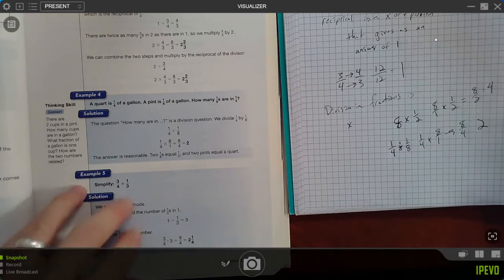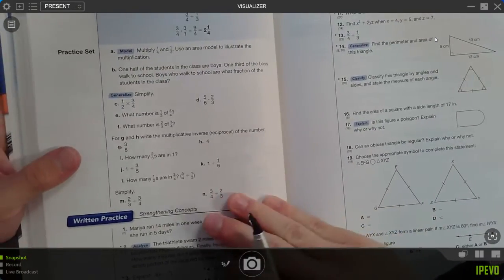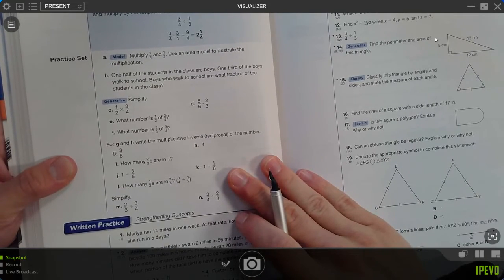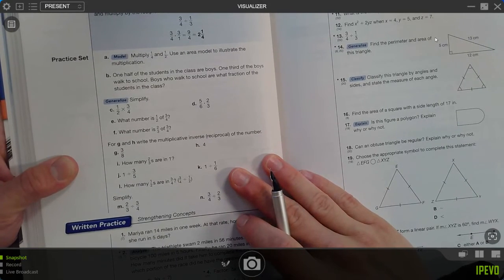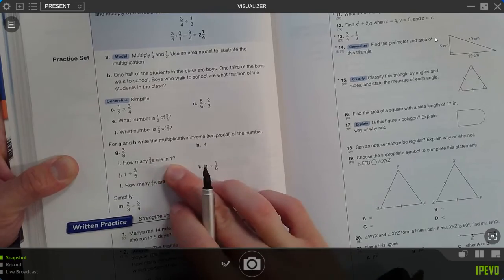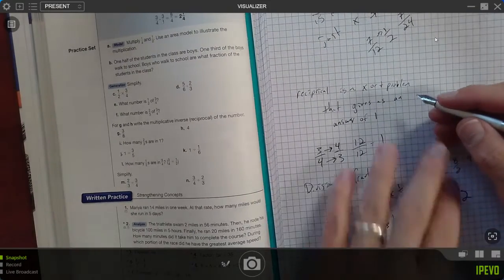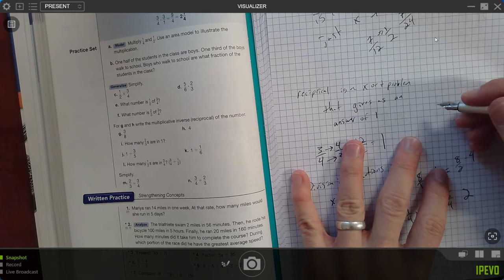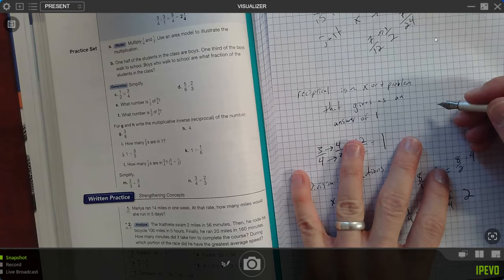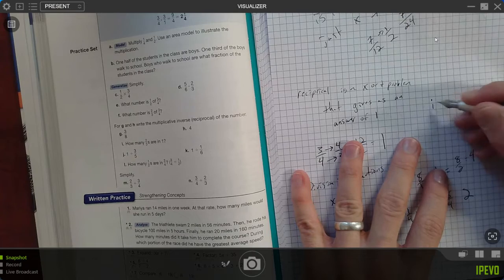Let's do one of your problem set problems for you. Let's do how many 2/3 are in 1. Okay.